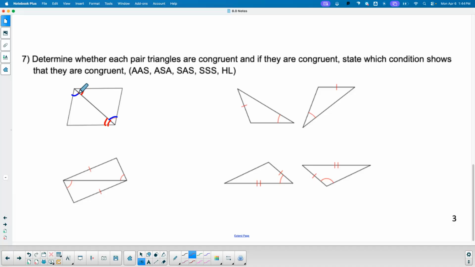Because we need at least 3 things, right? So what else can we say? The side that they share is congruent to itself. So we can say that this side right there is congruent to itself. Yep. And now what do we have? Angle, side, angle. Yep, exactly.